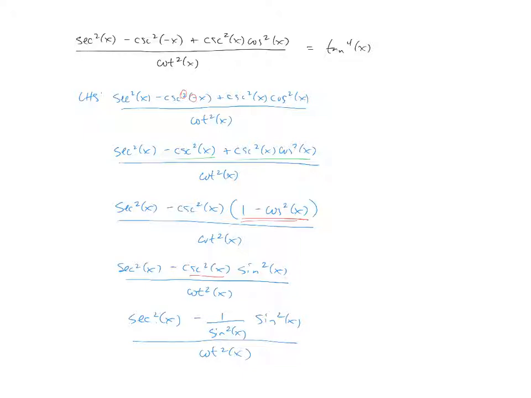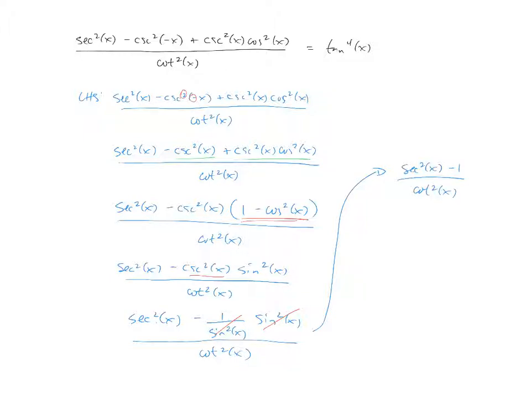Don't assume anything. Don't skip steps. It's not good practice to get into when proving these identities. So now the 1 over sine squared and the sine squared go away. Go ahead and move back up over here to the side. That gives us a secant squared x minus 1 over a cotangent squared x.